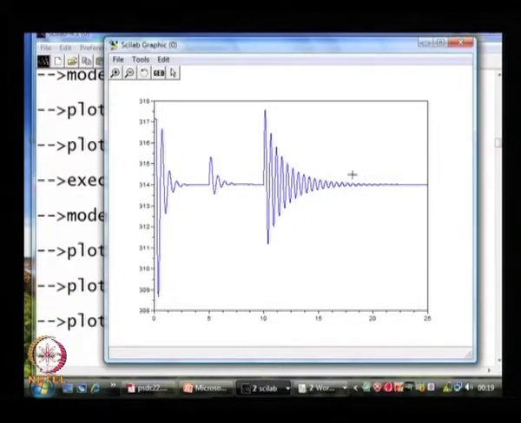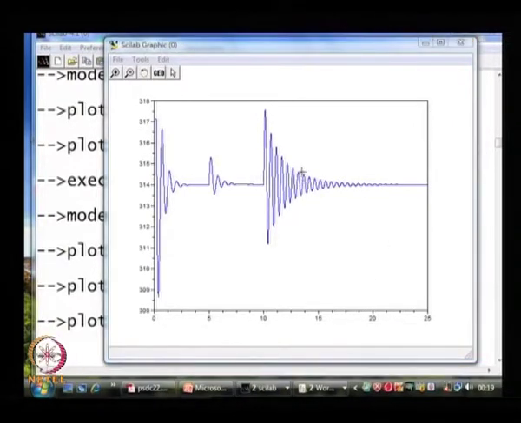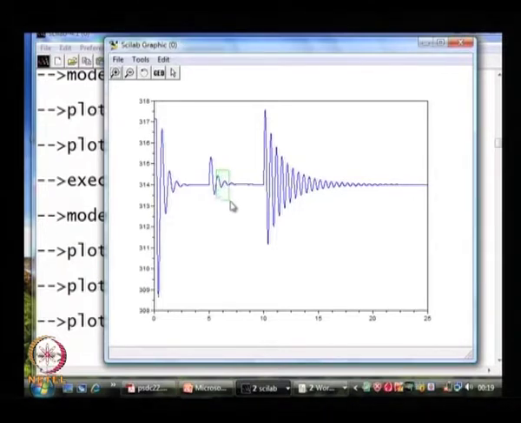The frequency of oscillations is in fact around 2 hertz. Okay. What about the frequency near about the equilibrium corresponding to T m is equal to 0.25 and E f d is equal to 1?